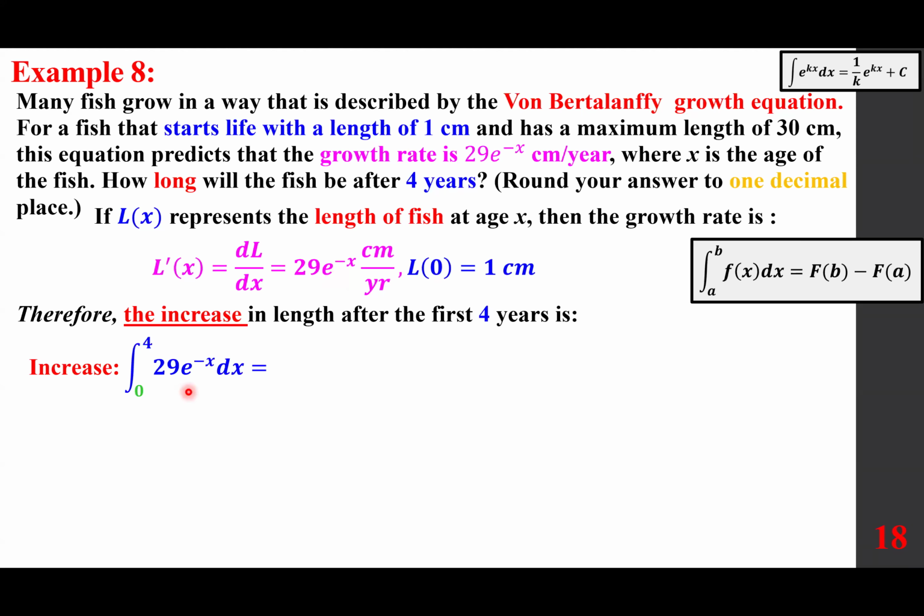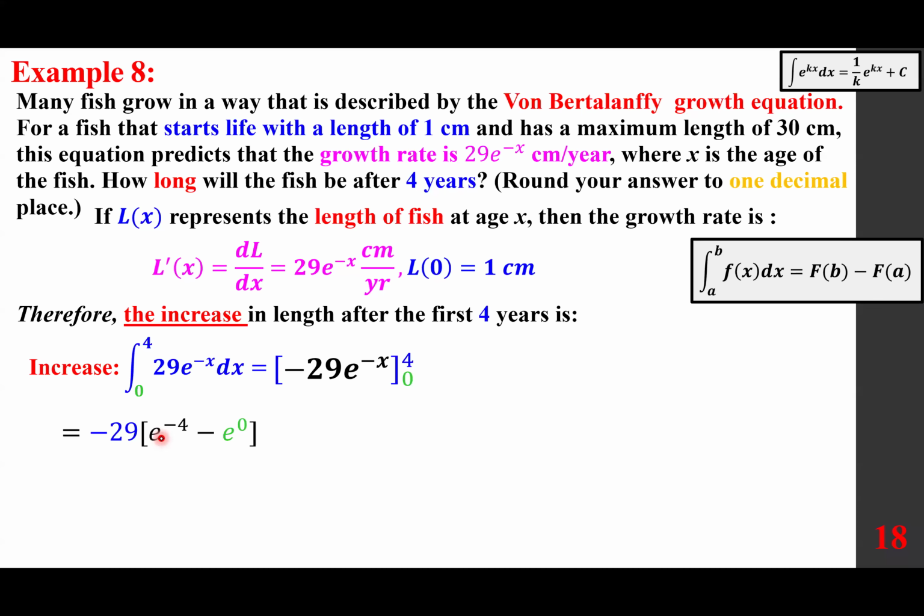And so when you integrate this, it just becomes negative 29 e to the power minus x from 0 to 4. If we plug in 4, if we plug in 0, we can take out the common factor of negative 29 and say e to the power of negative 4 minus e to the power of minus 0. This is 1, but you have to put this into a calculator.